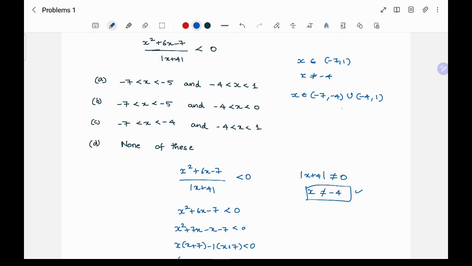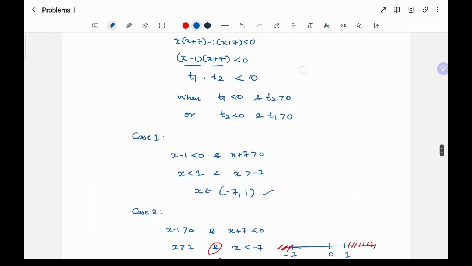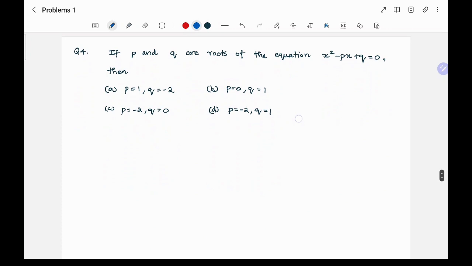So this excludes minus 4. So now we'll just check for this. So which is nothing but option C. So option C is the right answer. Okay, let's move on to the next question.